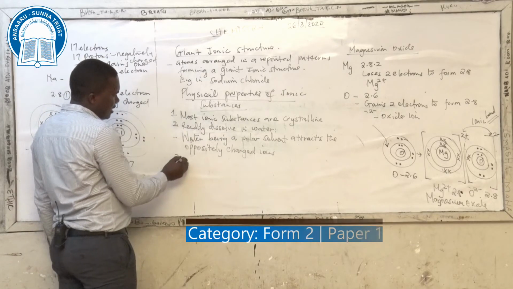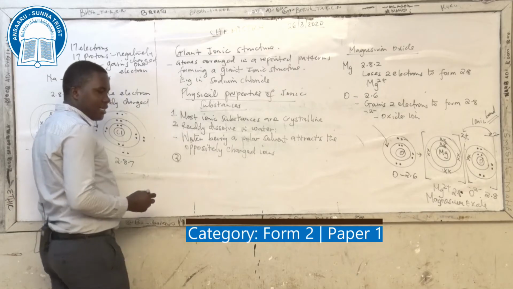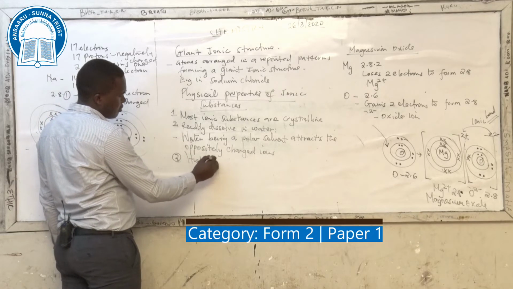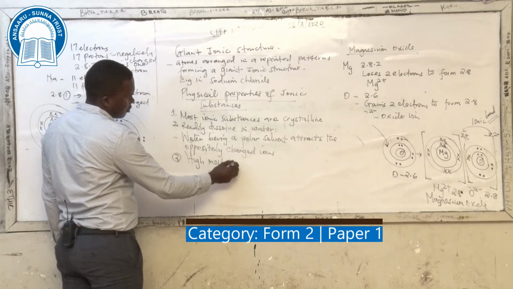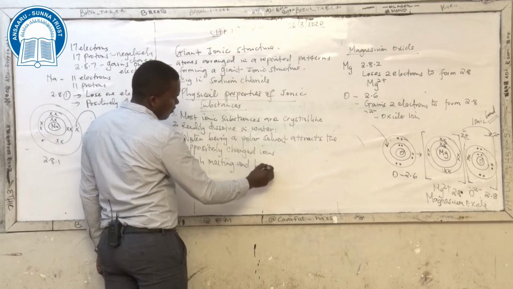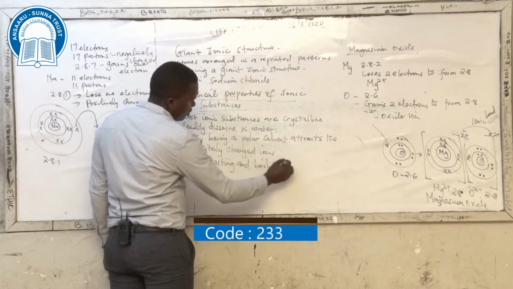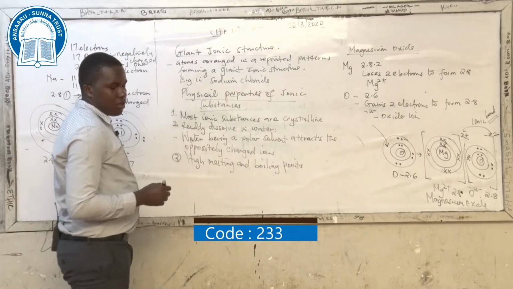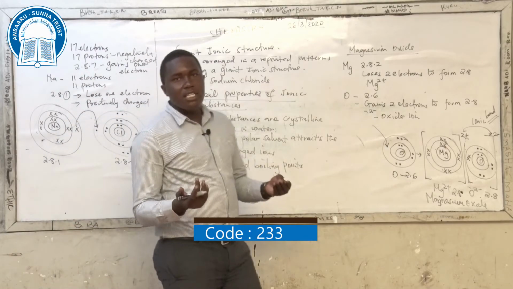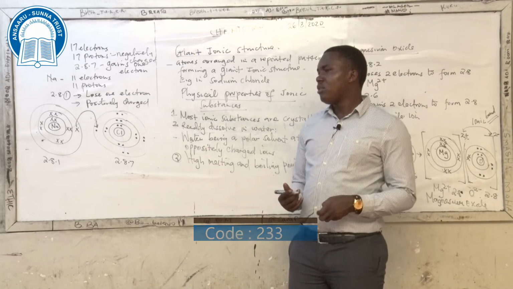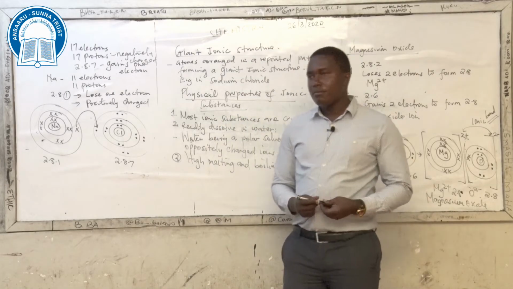Then number 3 is that these compounds have high melting and boiling points. This is called the high melting and boiling points. And again, this is because of the strength of the ionic bonds. Ionic bonds are stronger bonds, so you'll require a lot of energy to overcome the bonds.